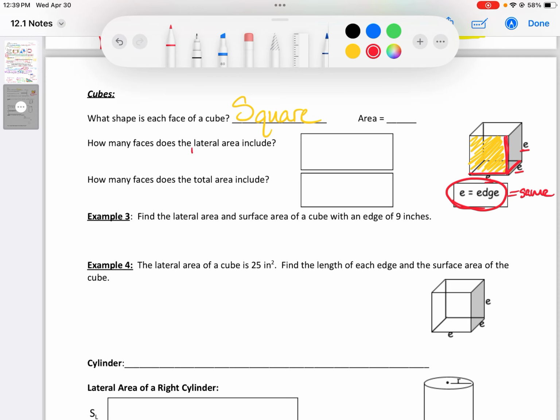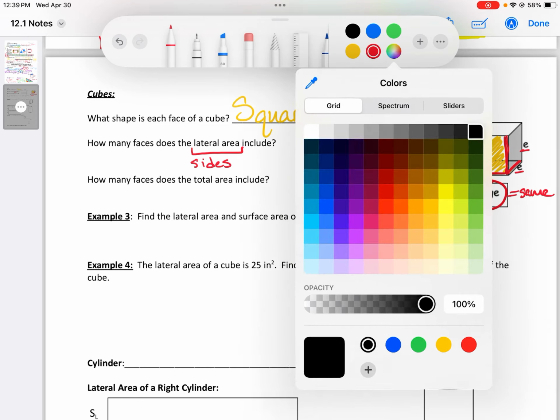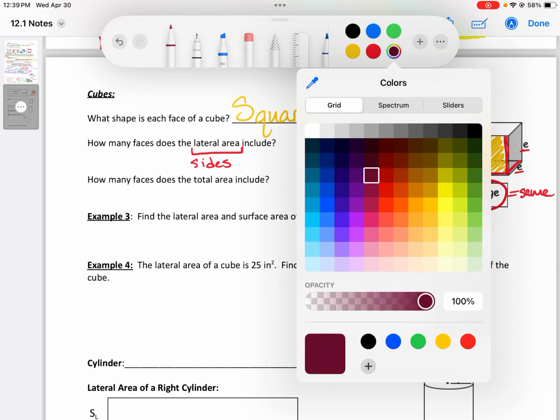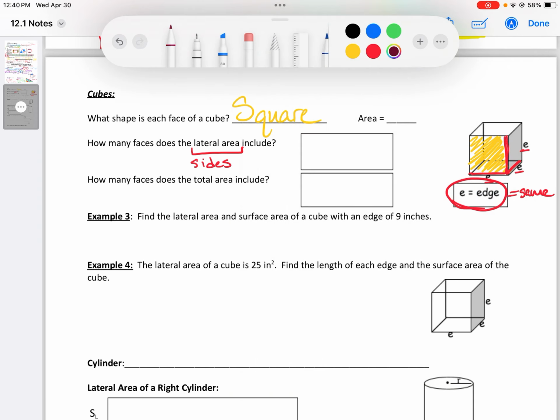So it says, how many faces does the lateral area include? Lateral area is our sides only. And so you're ignoring the top and the bottom bases. So the top is going to be the area I'm shading in now, and the bottom would be where I'm shading, but obviously the underside.